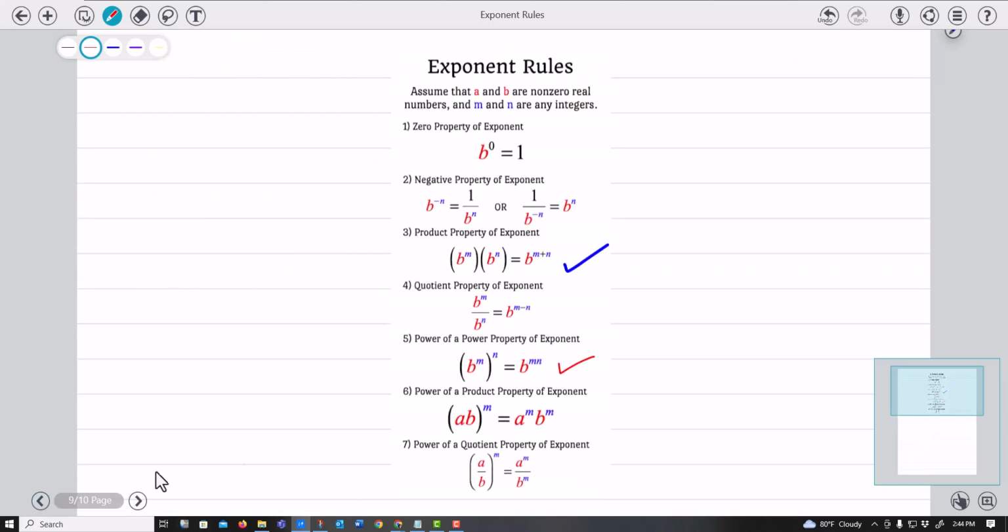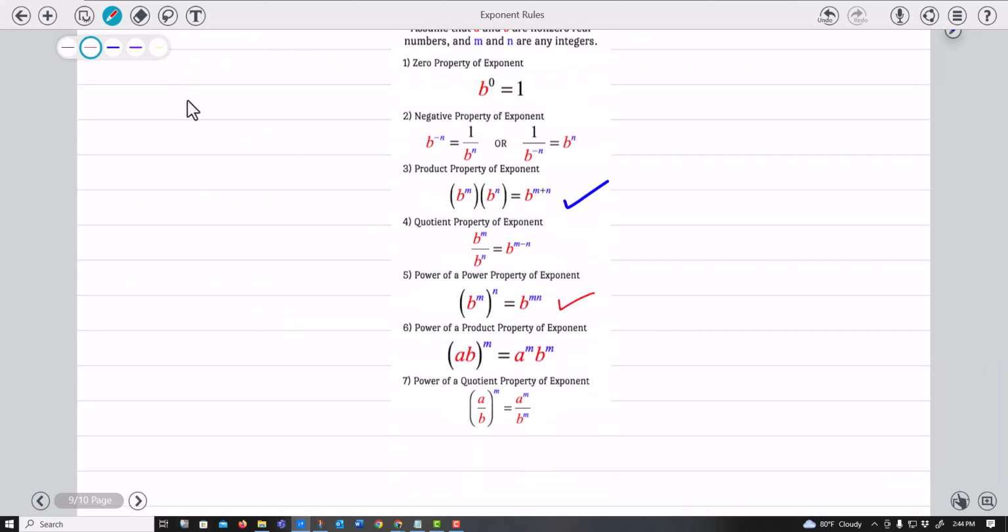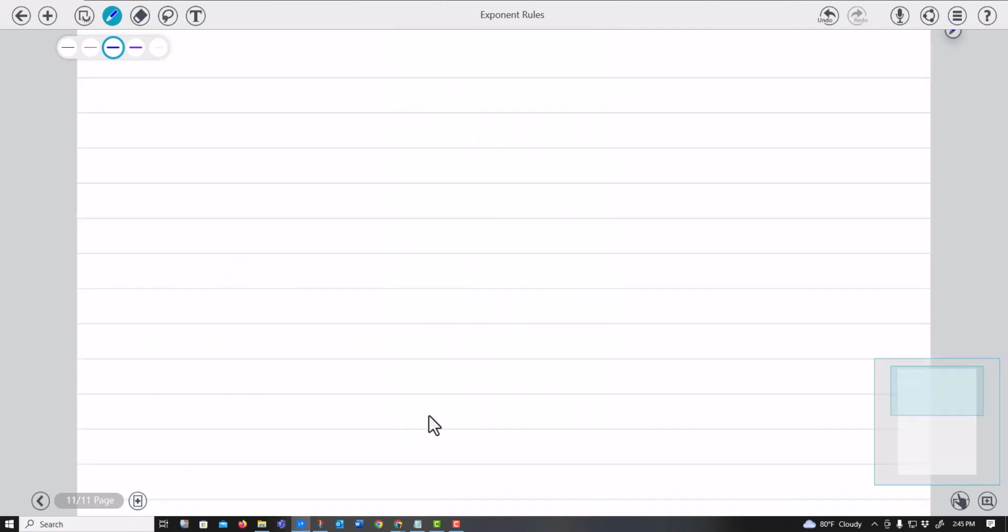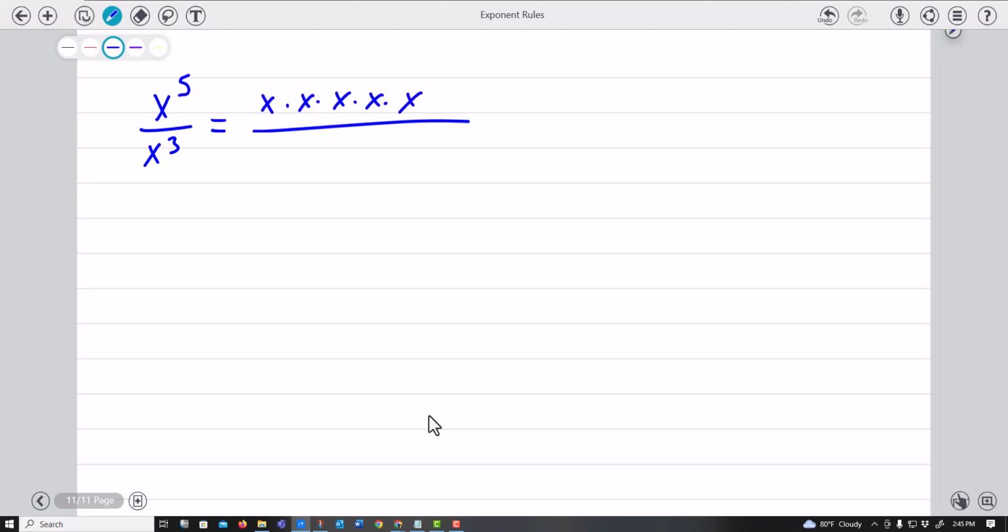All right, so I want to look next at a very good property to know. Let's say that I have something like x to the 5th power over x to the 3rd power. You could do this, right? 1, 2, 3, 4, 5, and 1, 2, 3.